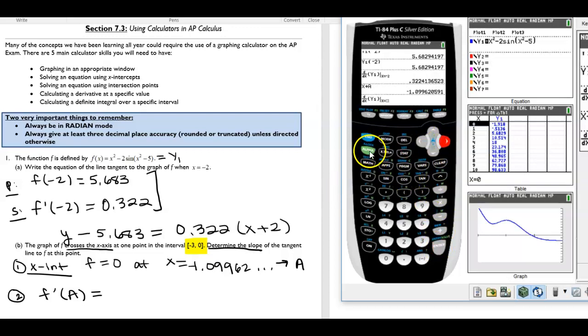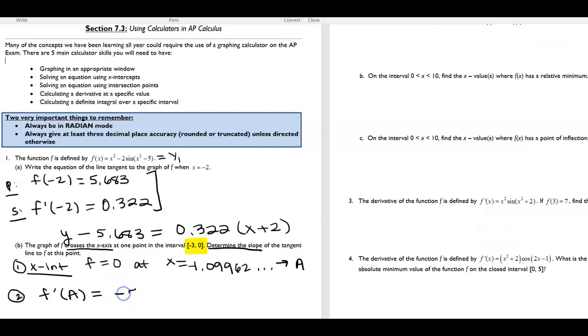And then I want to evaluate it at x equals A. If I didn't store that as A, I would have had to type in the whole number negative 1.099620591 in order to get the most accurate answer. And then I hit enter, and then I can type that answer, negative 5.703. You could also have it as negative 5.702 if you truncate it.